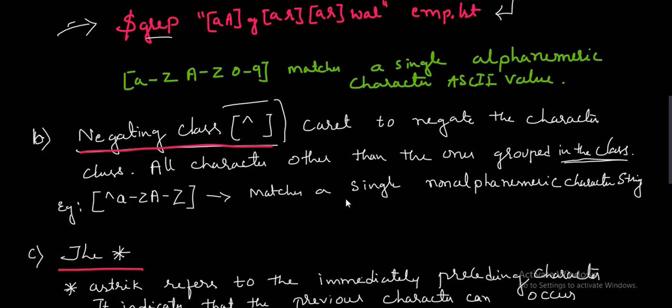It is going to match a single character that is not an alphabet, that means it is going to match with a number. In that case, you are going to use this. Even if you want to apply it for any of the characters that you can specify. Example, I can give.